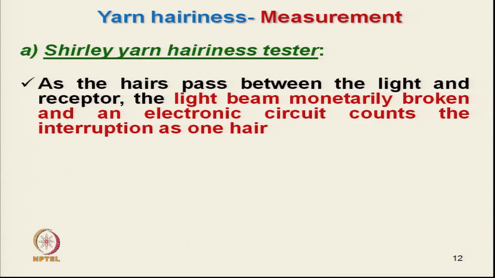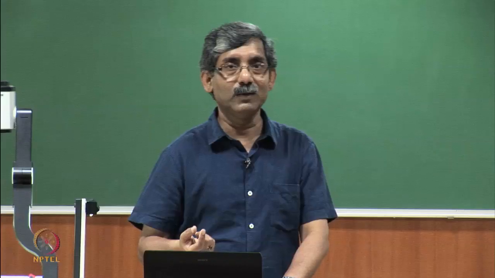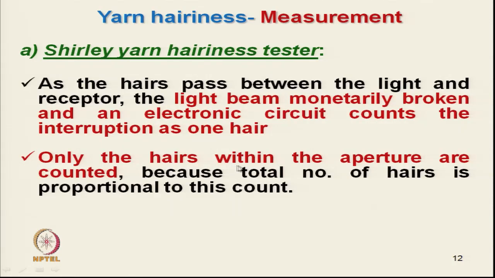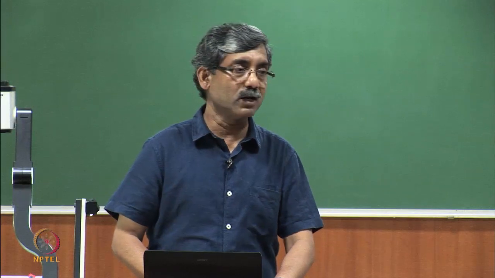So, if it is interrupted once, maybe by a single hair or maybe by a cluster of hairs, it will be counted as one hair. Only the hairs within the aperture are counted, because the yarns are covered with hairs throughout the surface, and the total number of hairs is proportional to this count.